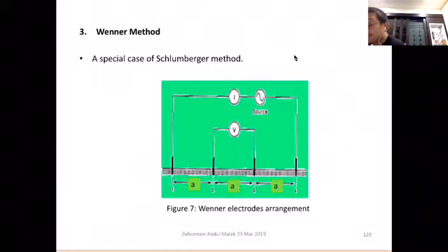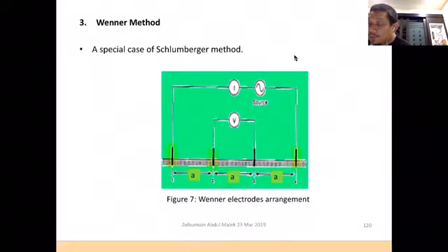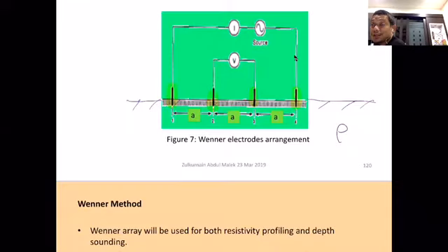Wenner method, you should have 4 probes instead of 3 probes before. Two of them are for the current source, and in the middle between the 2 current probes, you put the voltage probes.